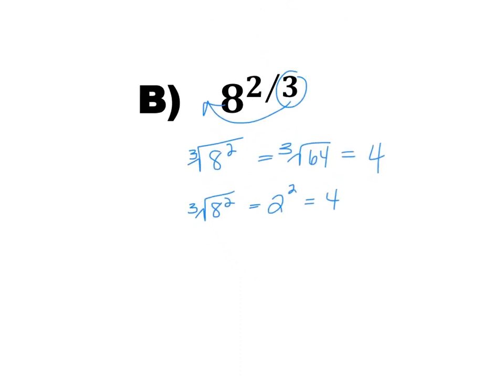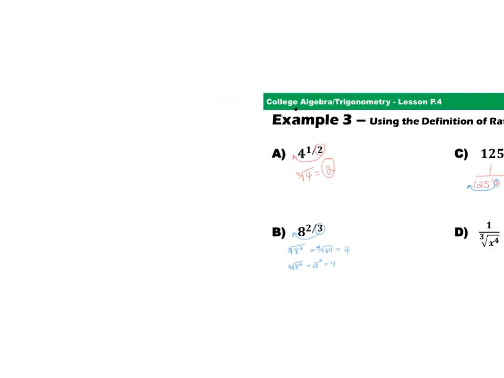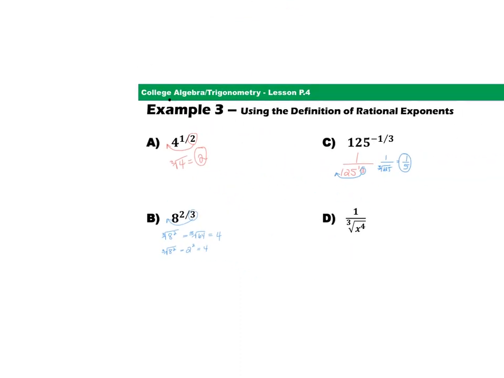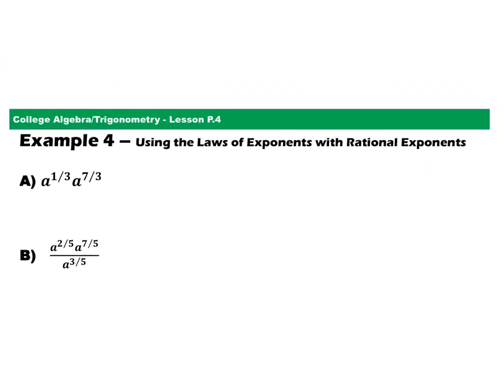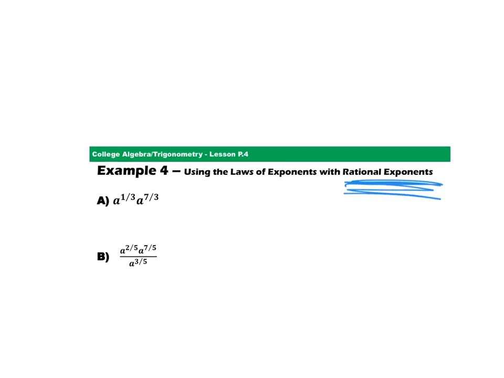Make sense? Okay. Oh, we'll come back to that. Now, use the law of exponents with rational exponents. All right? You're going to keep your answer in a rational exponent. Means what is going to be in the exponent? A fraction.